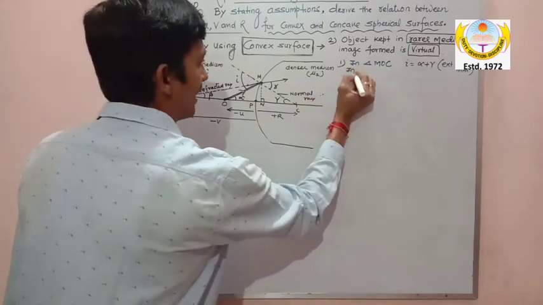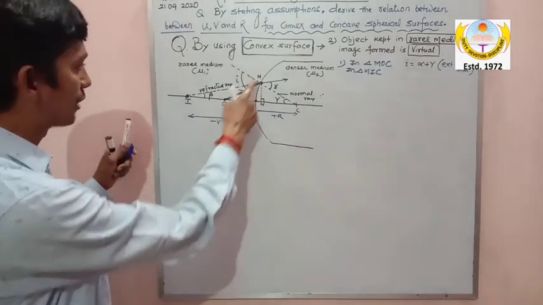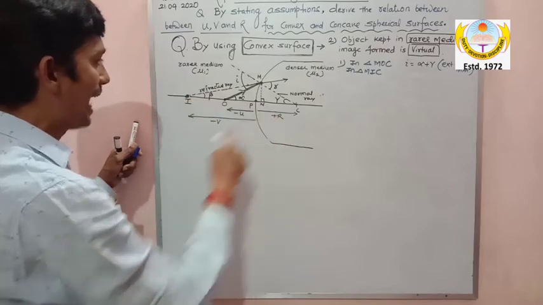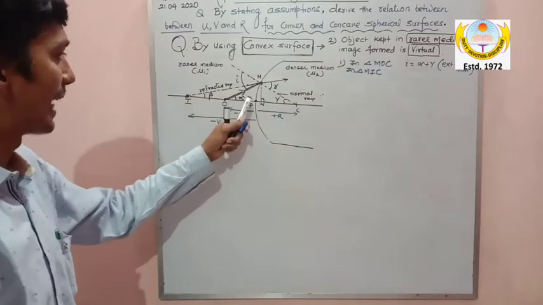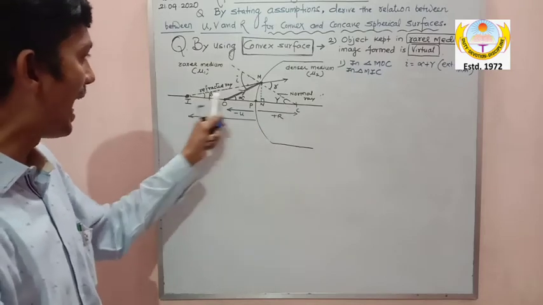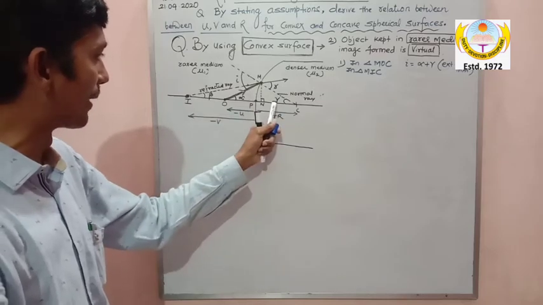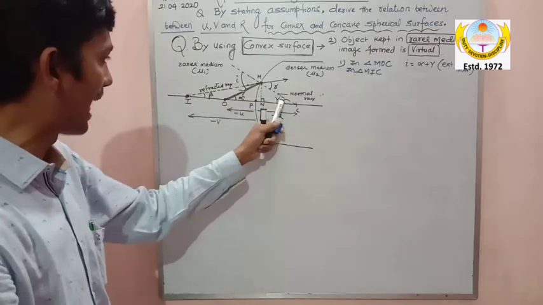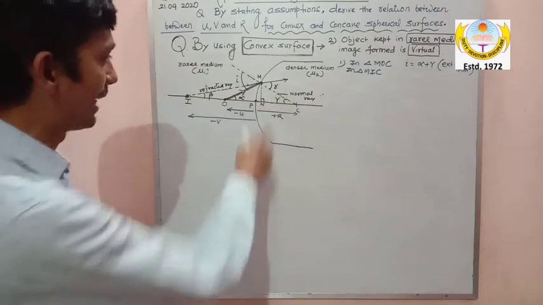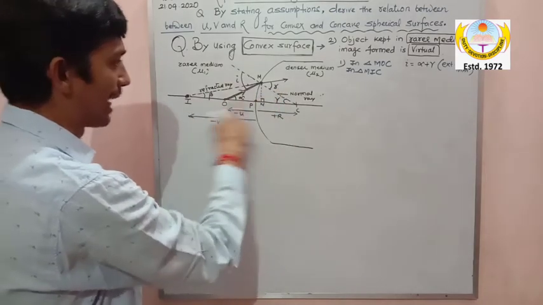Now in triangle MIC, the bigger one, beta and gamma are interior, because beta is formed at I and gamma is formed at C, and R becomes the exterior.